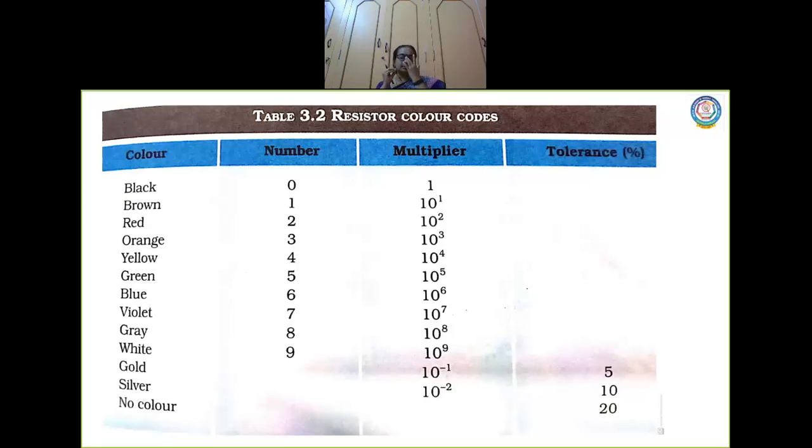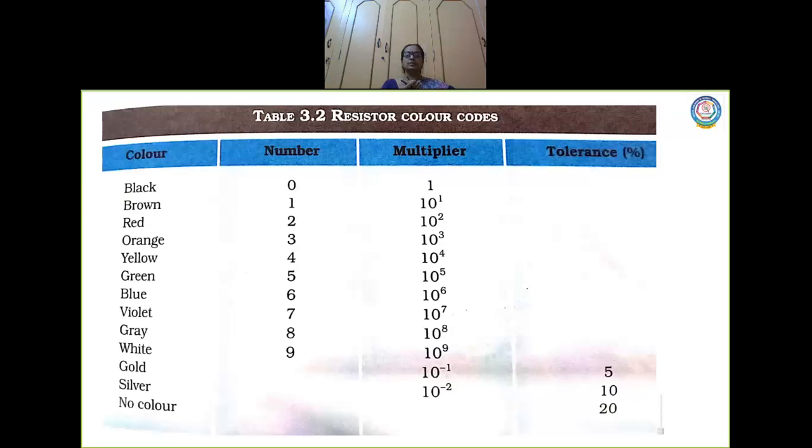When you come to the school, I'll show you how a carbon resistor looks like. In fact, I'll share some pictures. They are very small in size, and you can find the value of resistance in a carbon resistor using color codes.